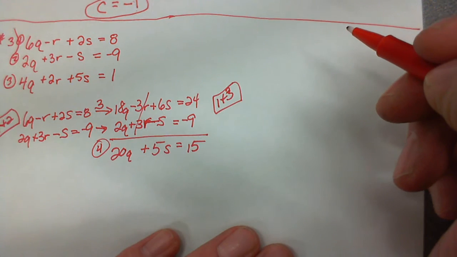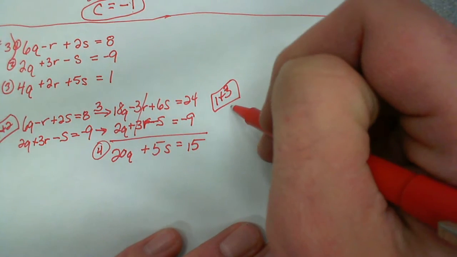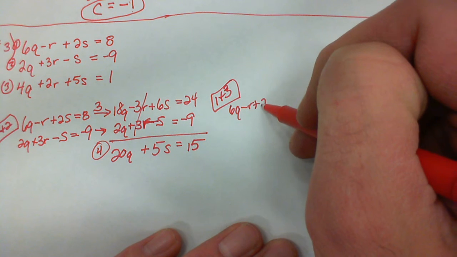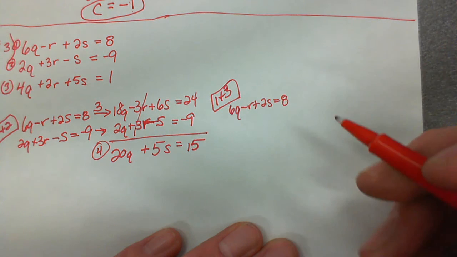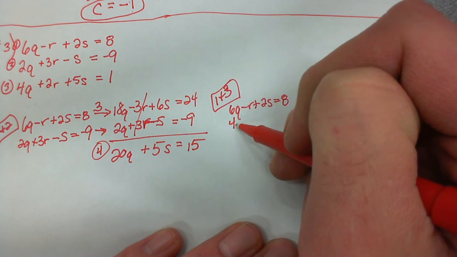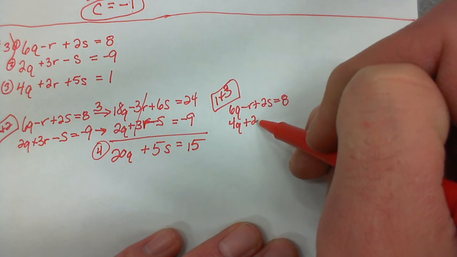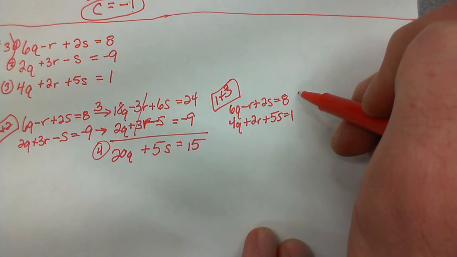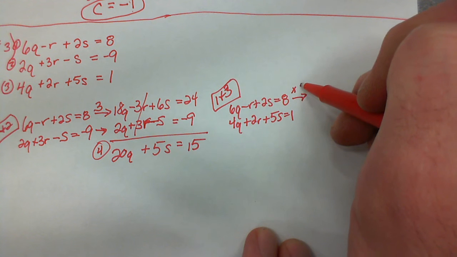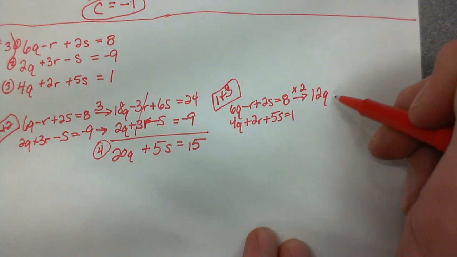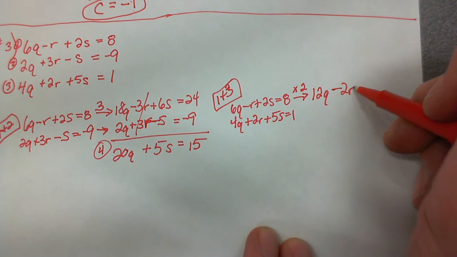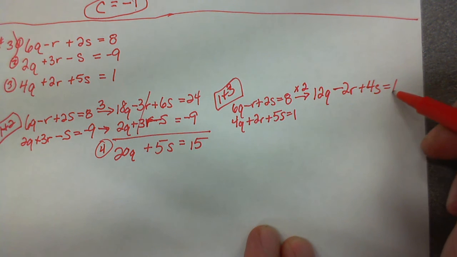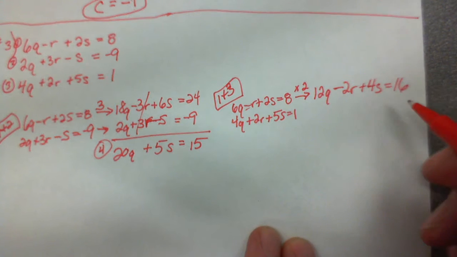So rewriting this, equation 1 is 6q minus r plus 2s equals 8, and 3 is 4q plus 2r plus 5s equals 1. So this time I'm going to multiply this equation by 2. So this is 12q minus 2r plus 4s equals 16. Make sure you get every single term.